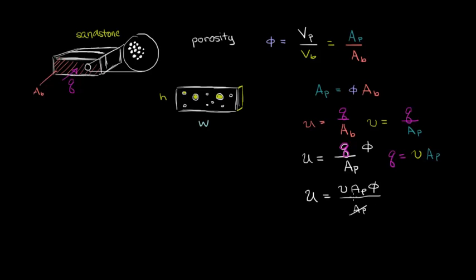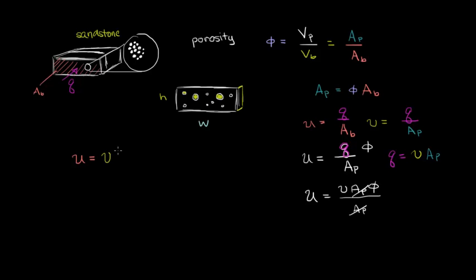And the a sub p's cancel, and so we're just left with u, the Darcy velocity, is equal to, and I've kind of been dancing around the term, but there is an actual term for it. It's called the interstitial velocity.